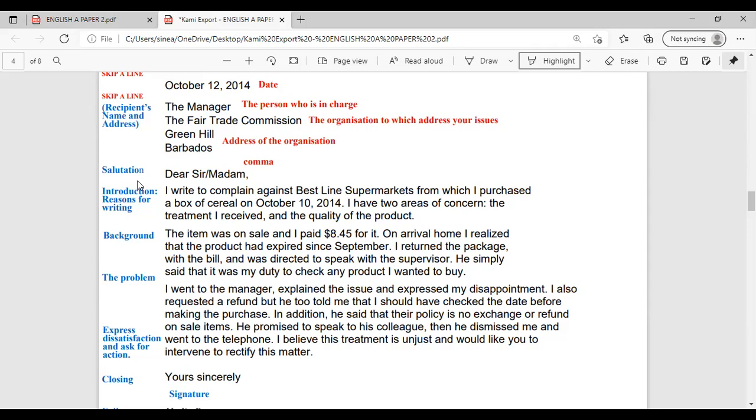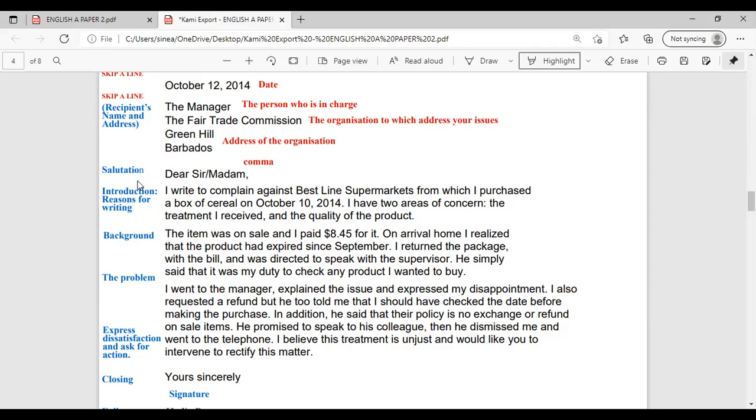Seeing that you purchased it in October and it expired in September, again, your details must flow into one another. Think about what you're writing. So it was expired by 1 month.